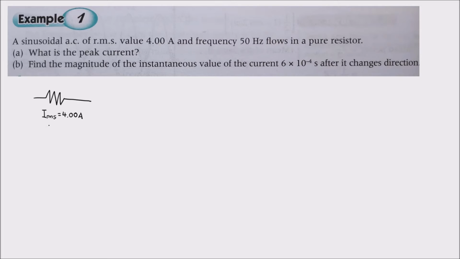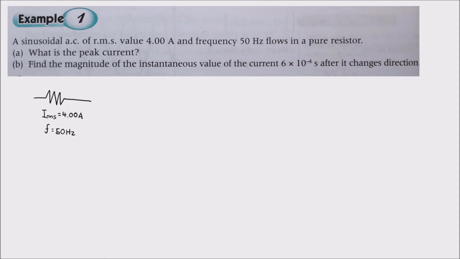The frequency of this current is 50 Hz. That means for every second that passes, the current oscillates a full cycle 50 times. So it's 50 cycles per second. That's the idea of the current flowing through this resistor right now.